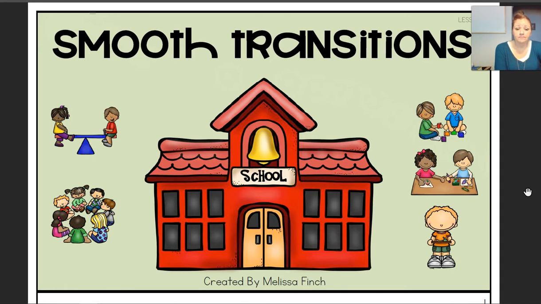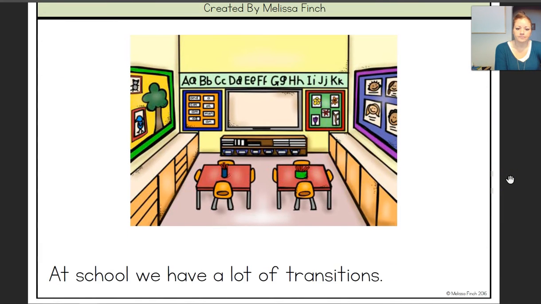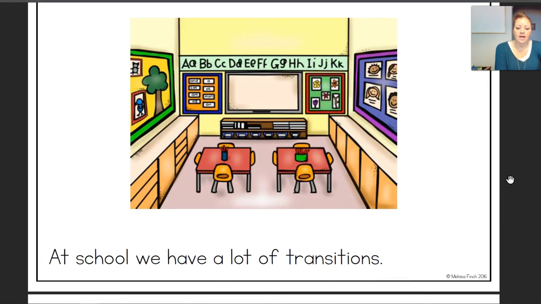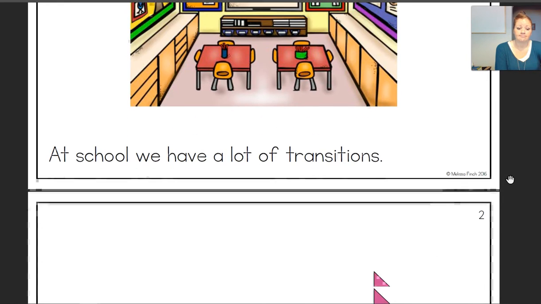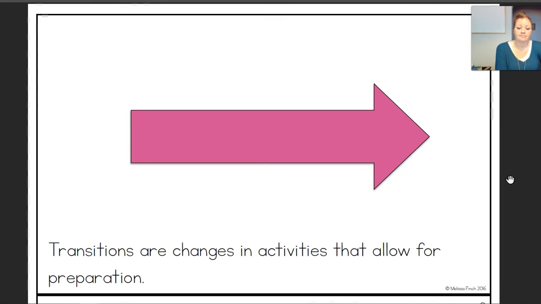At school and at home, we have a lot of transitions. Transitions are changes in activity that allow for preparation.